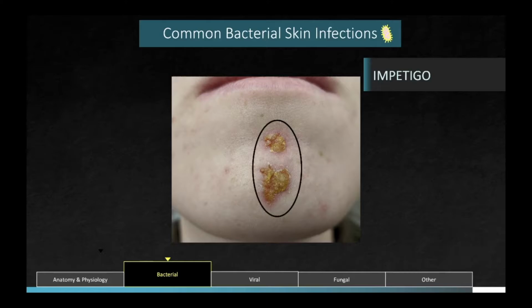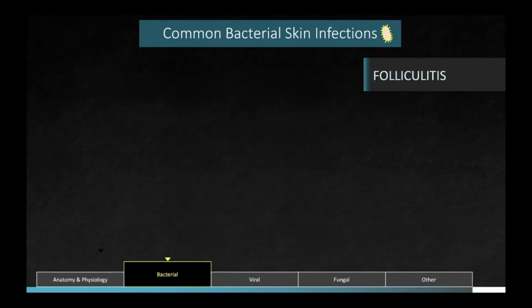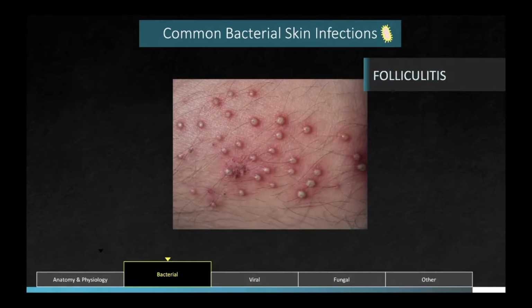The next bacterial skin infection to consider is folliculitis. This is a pustular skin infection involving multiple hair follicles, and it's most commonly caused by Staph aureus, although may be caused by other microorganisms such as Pseudomonas. As you can see from the picture here, folliculitis presents with multiple tiny pus-filled lesions, each originating from an individual hair follicle.